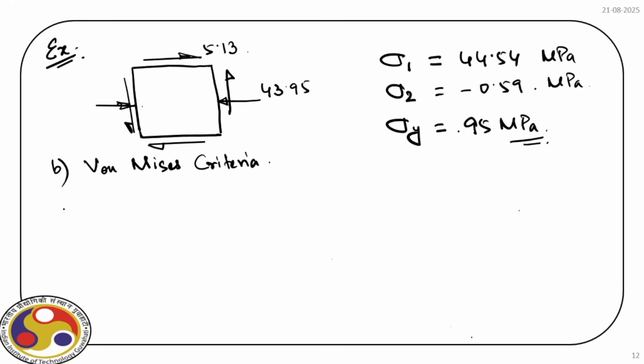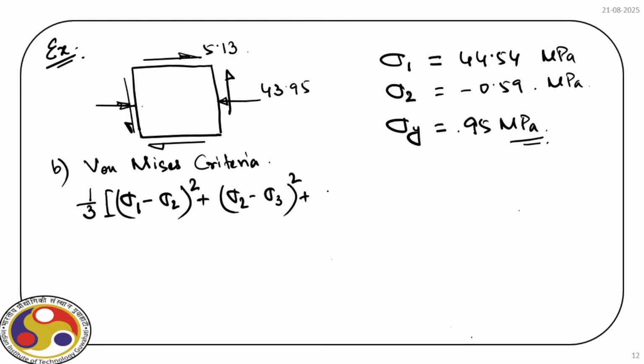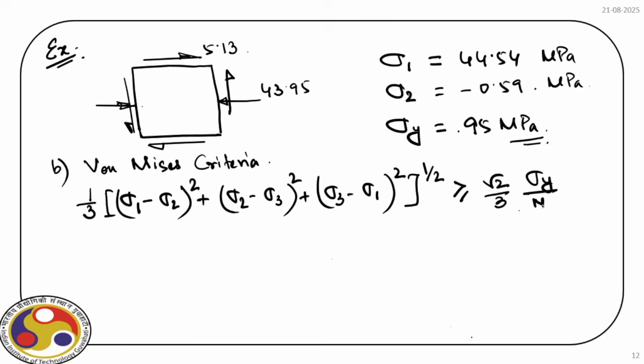We have 1/3 within bracket sigma 1 minus sigma 2 whole square plus sigma 2 minus sigma 3 whole square plus sigma 3 minus sigma 1 whole square, to the power half, should be greater than or equal to root 2 by 3 times sigma y, and if we apply a factor of safety of n, we get this condition.